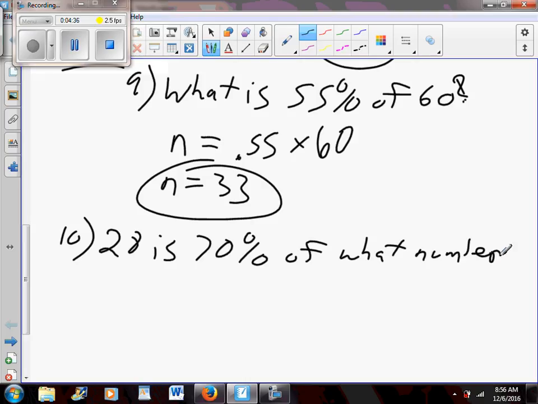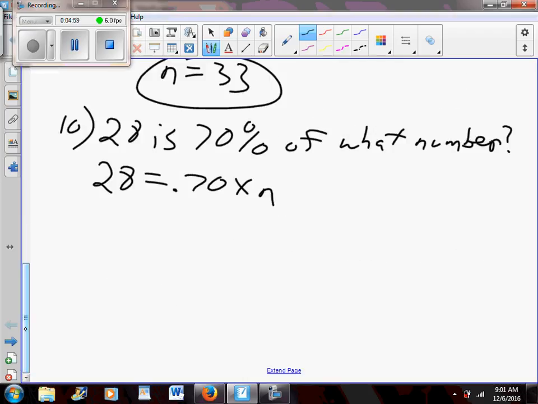The first thing I want to see from you guys is the math equation, the math sentence, that you should translate this into. Here we go: 28 equals 0.70 times n. That's how you translate that into a math sentence.